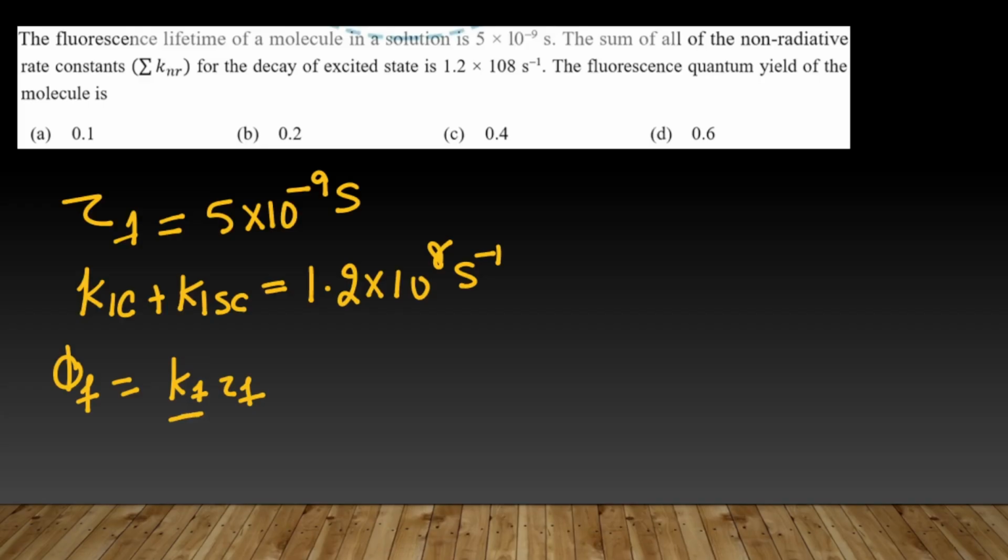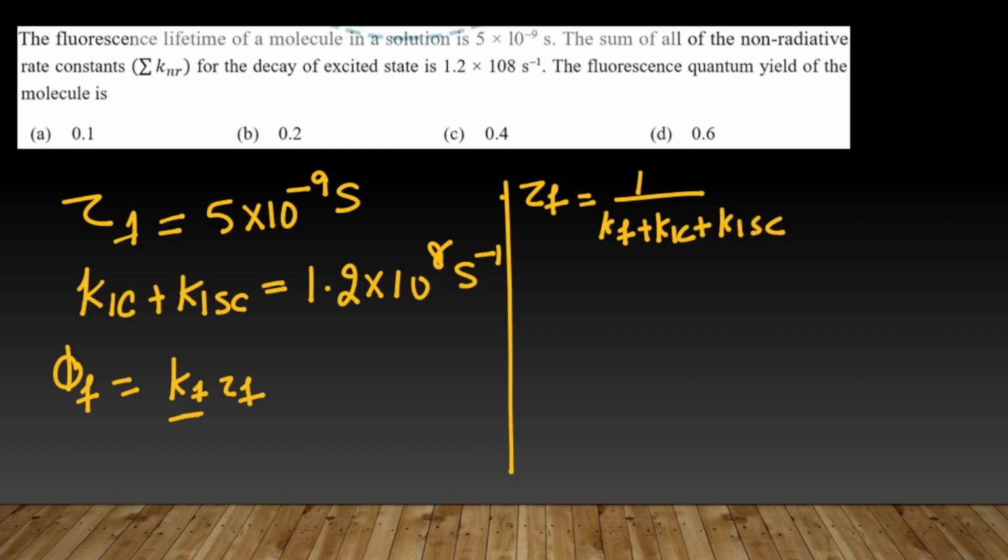Now Kf value we are not having. Using the above data, we will first find the Kf value. So tau f is equal to 1 upon Kf plus Kic plus Kisc. Now tau f is known, that is 5 into 10 raised to the power of minus 9. This will be equal to 1 by Kf plus the sum of these two, which is 1.2 into 10 raised to the power of 8. Using this, we can find the Kf value.